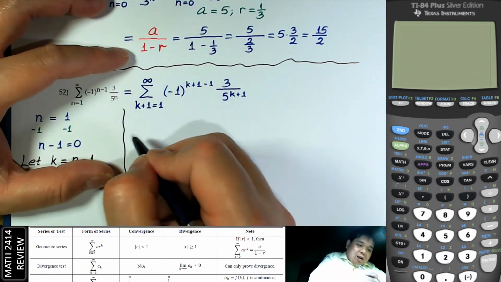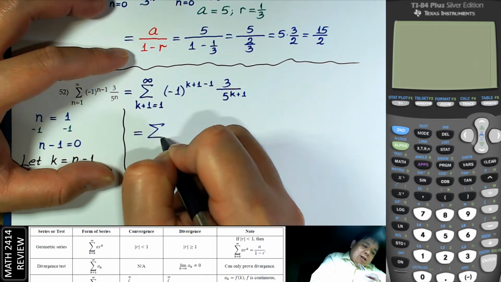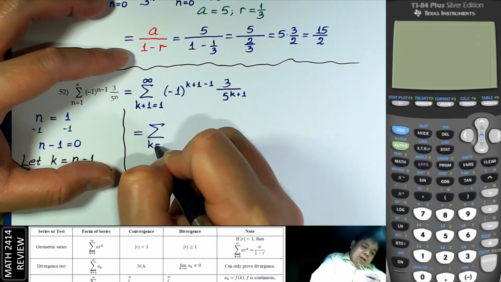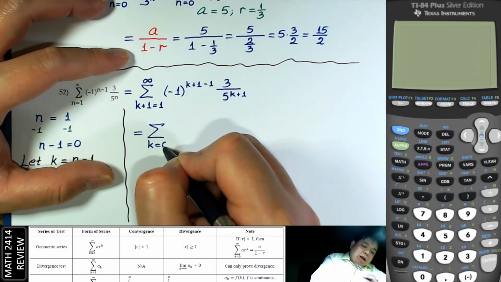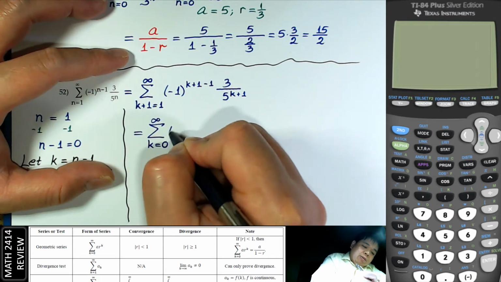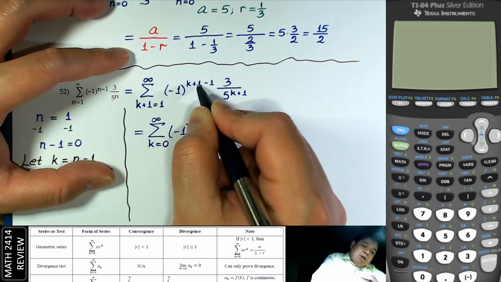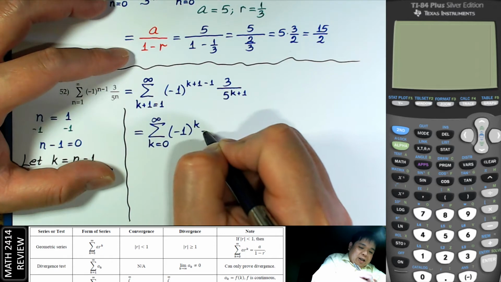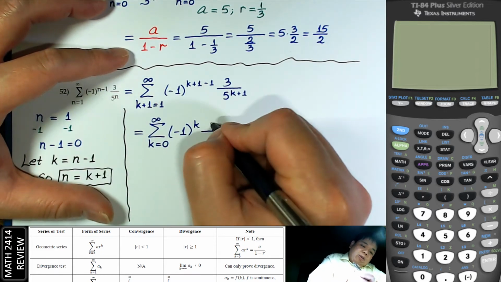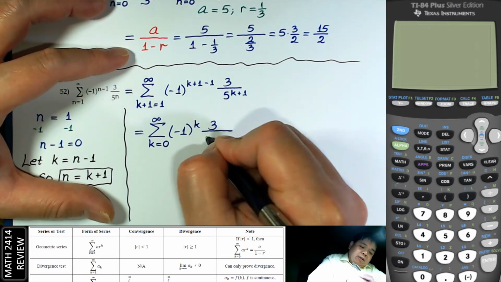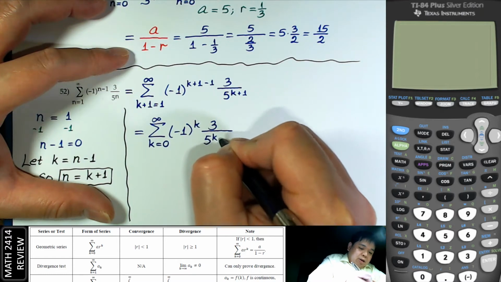Right, now simplify this. Subtracting 1 on both sides, we have k equal to 0 to infinity. -1, k plus 1 minus 1, that to the k. Now we have 3 over 5 to the k plus 1.